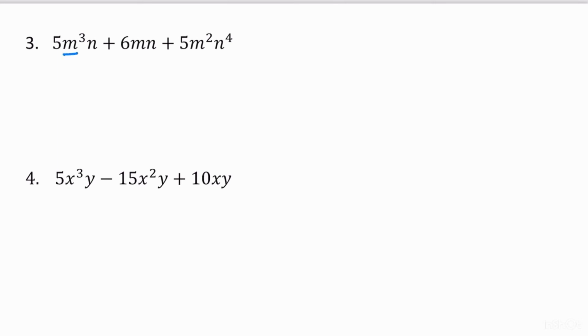The first one has 3, this one has 1, this one has 2. So the most that I can take out is going to be just 1m. Let's do the same thing with the n. Right here I have n to the 1 power, n to the 1 power, n to the 4th power. What's the most that I can take out from all of them? N to the 1 power. So the GCF is mn.